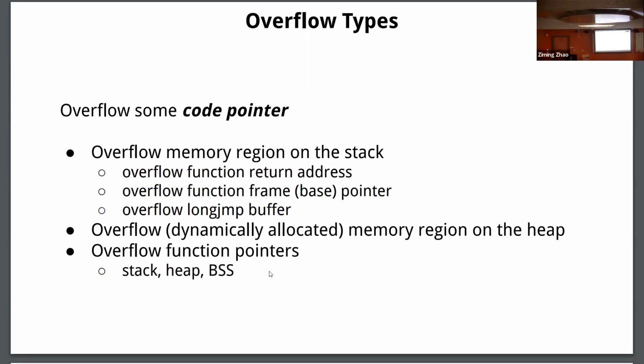On the stack, there are function return addresses. Also the frame pointers, we can change that. Long jump, there's a C programming feature, set jump, long jump. There will also be code pointers. The heap may have complicated data structures. Those data structures may include function pointers as well. For example, C++ has classes.